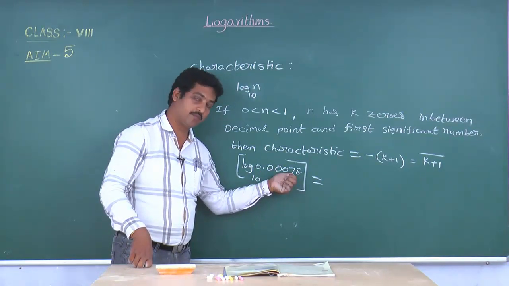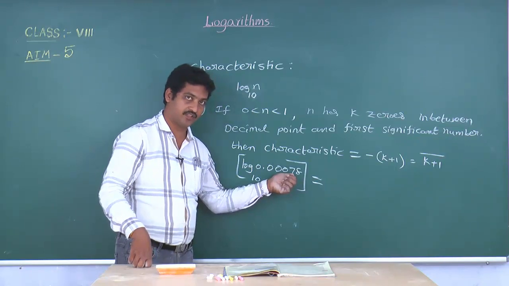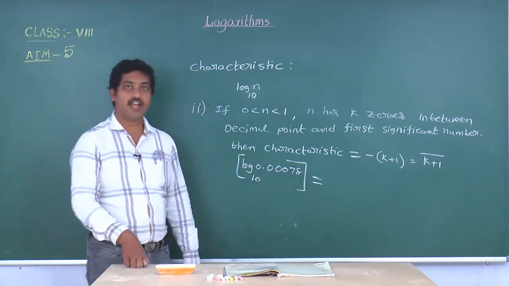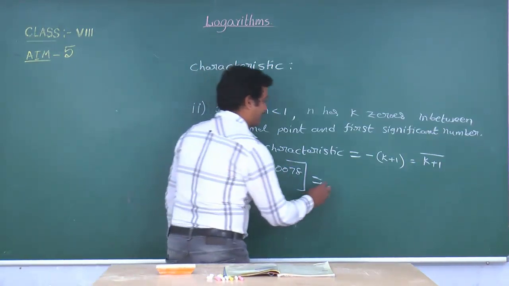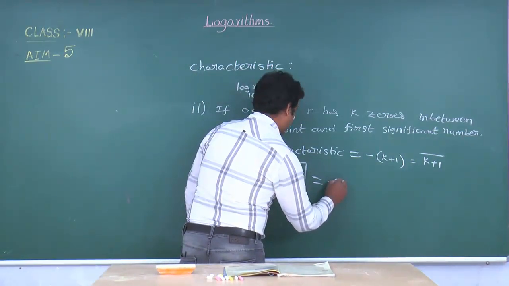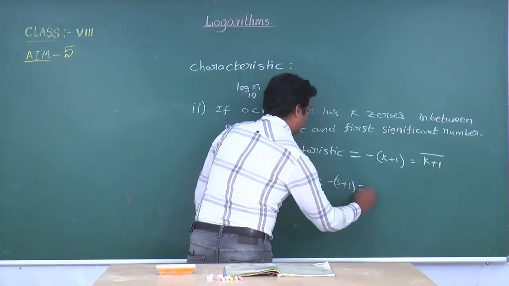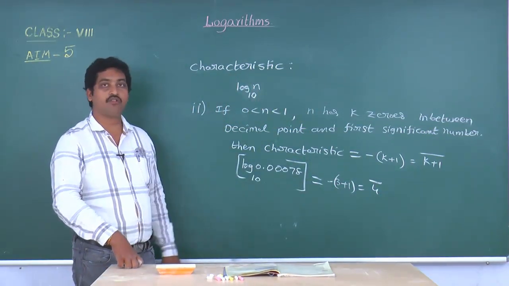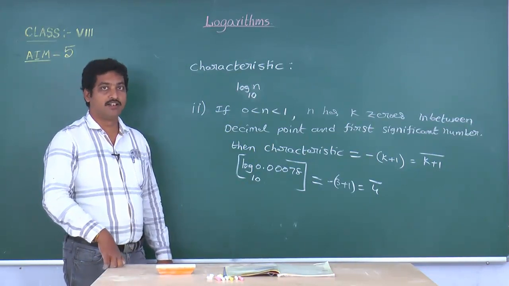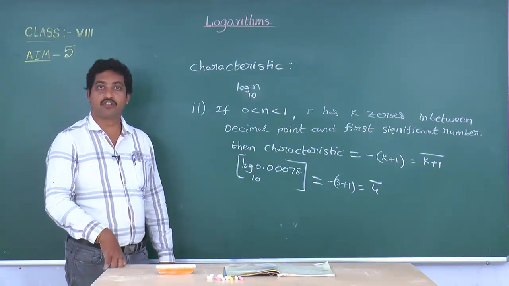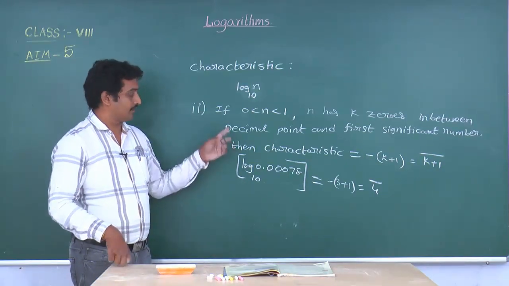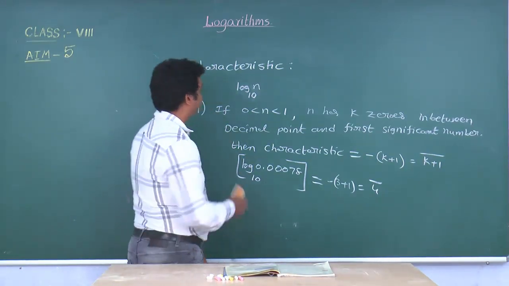The first significant number means the first non-zero digit, which is 7. Therefore it has 3 zeros. Therefore the characteristic is equal to minus 3 plus 1, which can be written as 4 bar. These two are the very important working rules for finding the characteristics with base 10.